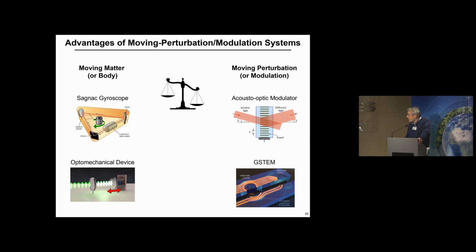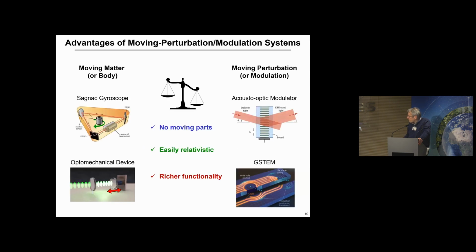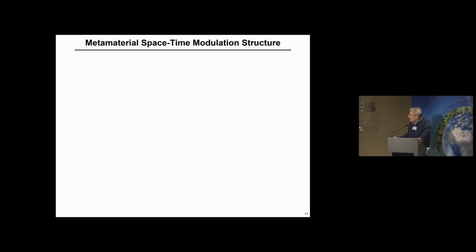Obviously, the advantage of the moving perturbation is that you don't have moving parts. As a result, you can easily attain relativistic velocities and accelerations that would be unthinkable otherwise. And more than that, with the extra dimensions and different velocity regimes, you can have novel physics that I will try to describe.